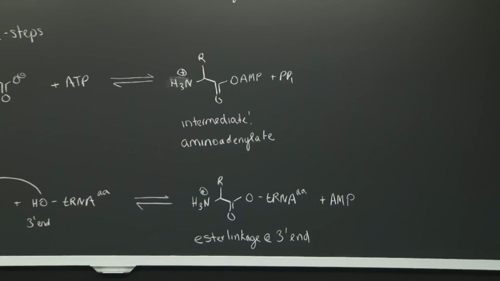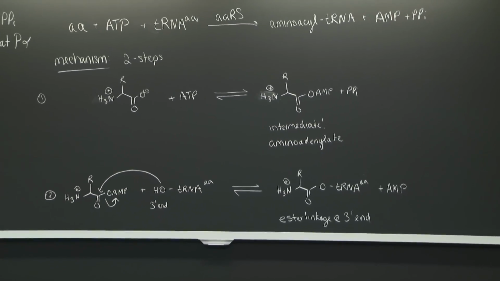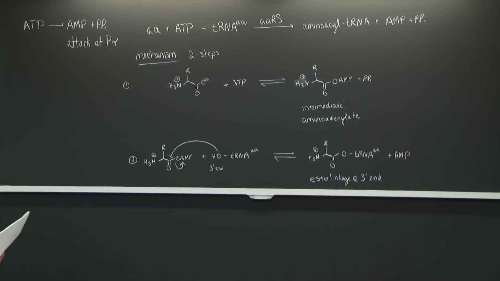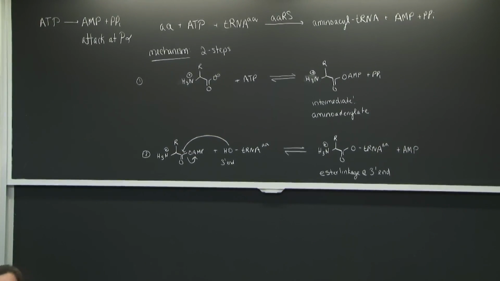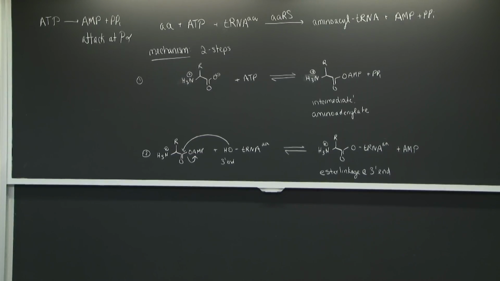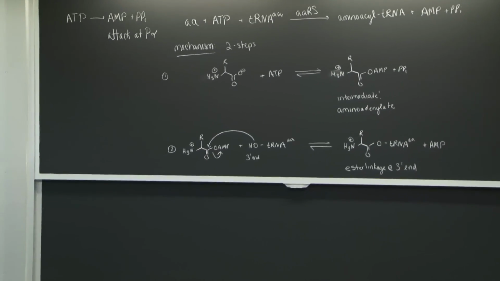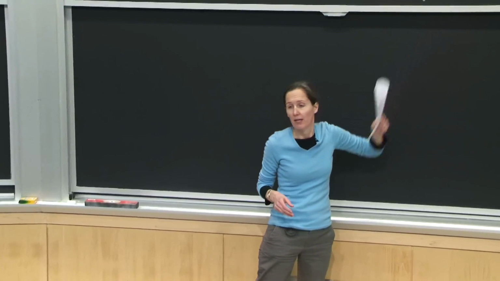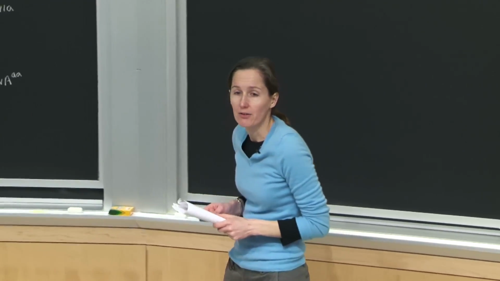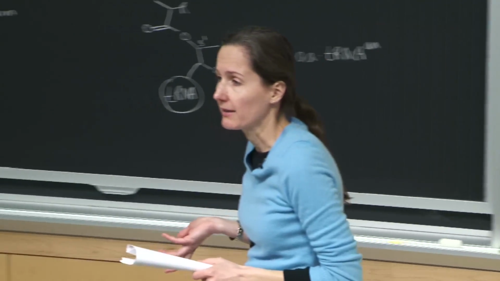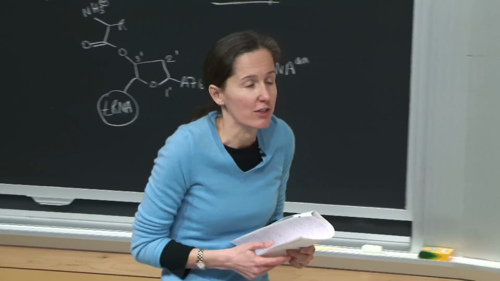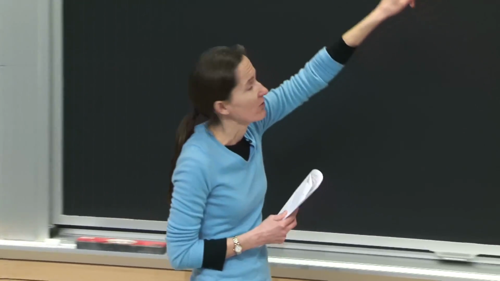So what might be another possible mechanism? Imagine you're the experimentalist and you've combined your amino acid, ATP, tRNA, and this enzyme you've isolated in a test tube, and you see you get this as a product and this as a product. And you're wondering, how did we get from reactants to products? This is one possibility. Maybe there's also a possibility of a concerted mechanism where there's no intermediate like the one I'm showing you here.